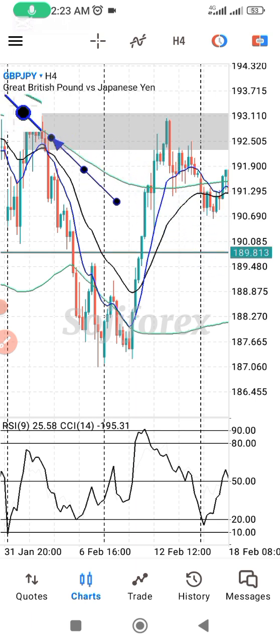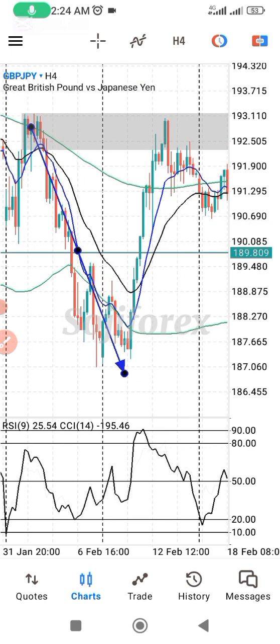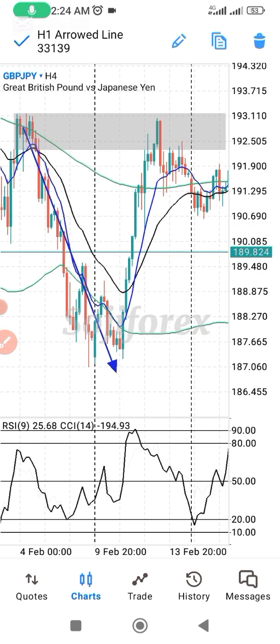Alright, so now price left this zone. Price left here and came all the way to this downside. And after that, we mark this zone as our zone of resistance and as our order block.